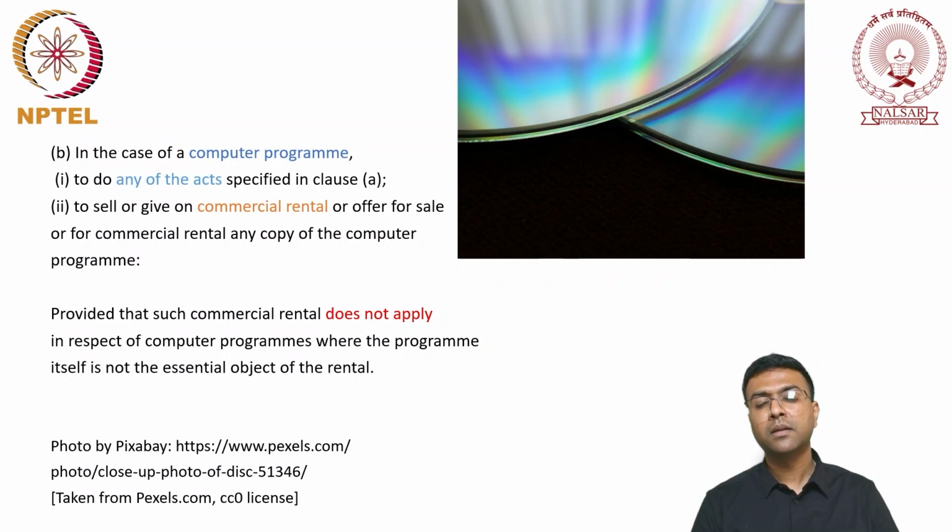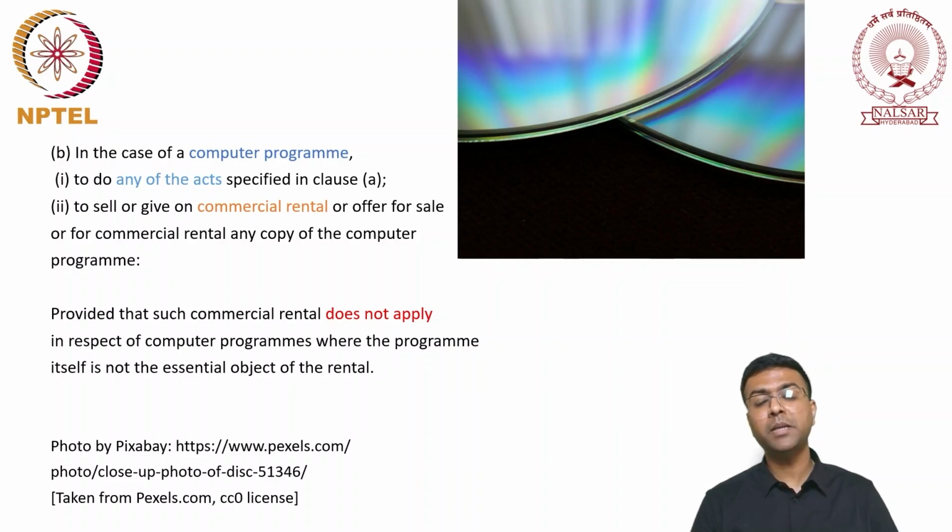Then, to say that there is going to be a control with respect to sale of such a copy and the rental of such a copy, commercial in nature, it means that this is an exception to the doctrine of first sale.